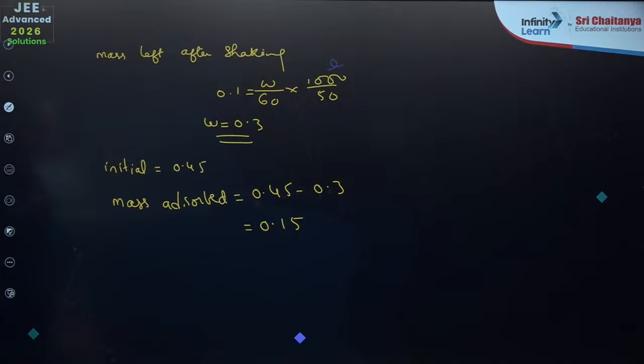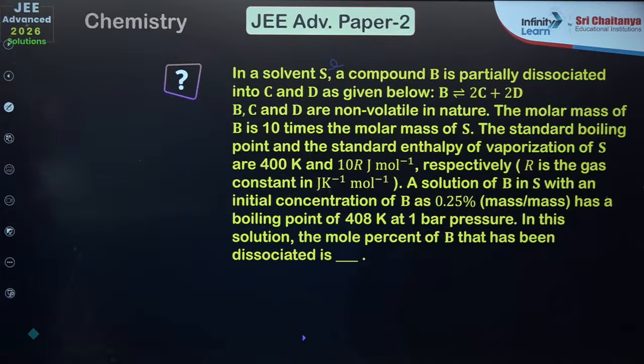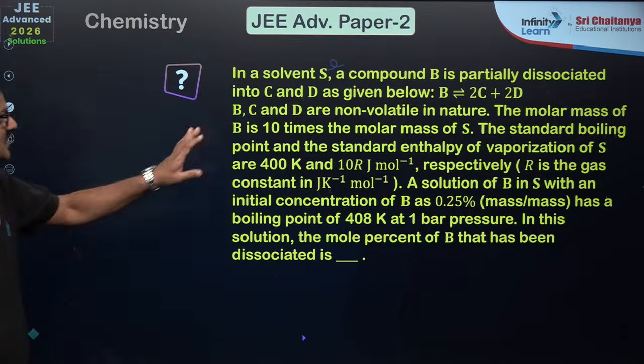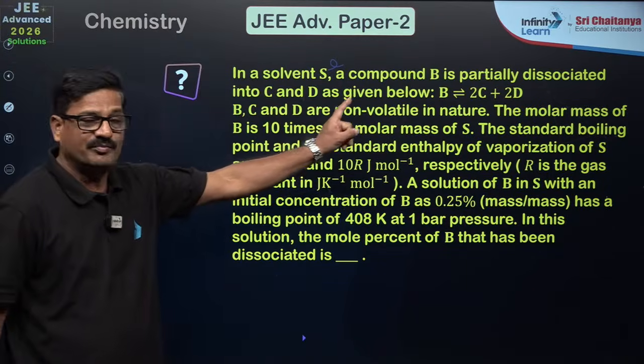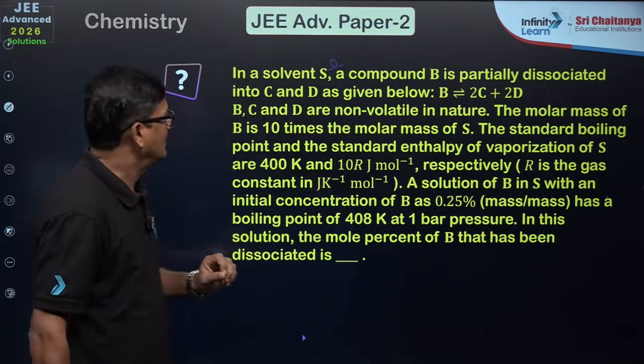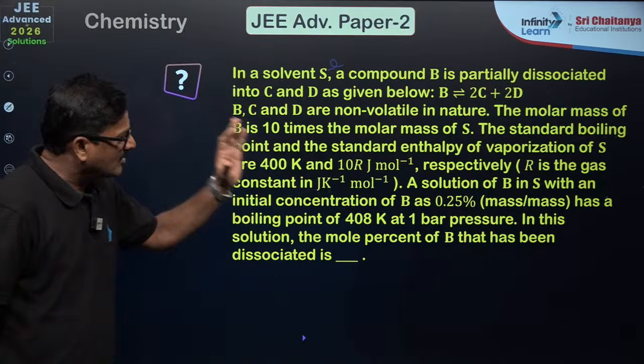Let us do this. A solvent S, compound B is partially dissociated into C and D as given below. B gives rise to C and D. It is at equilibrium, and they are non-volatile in nature.